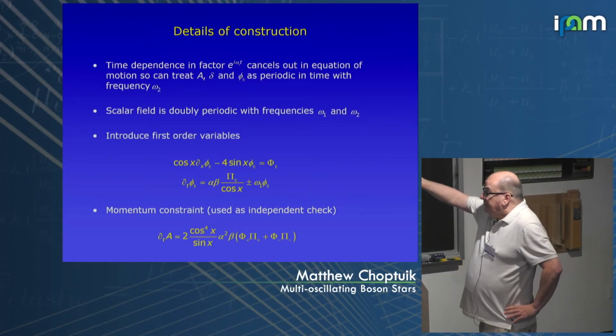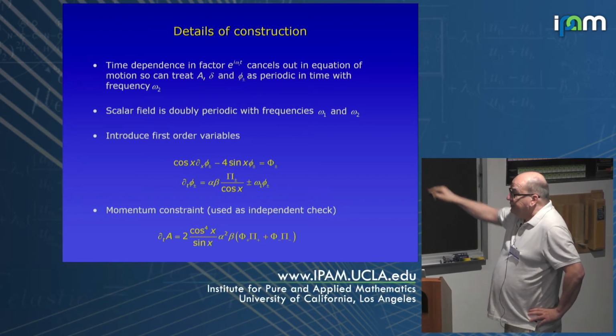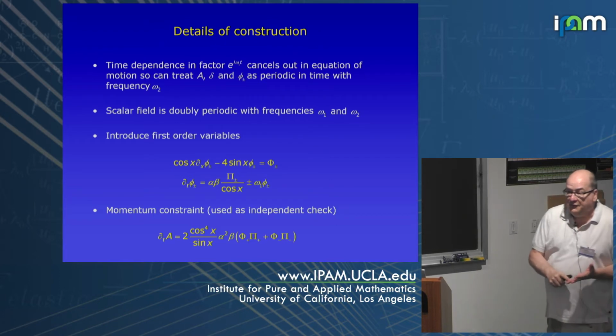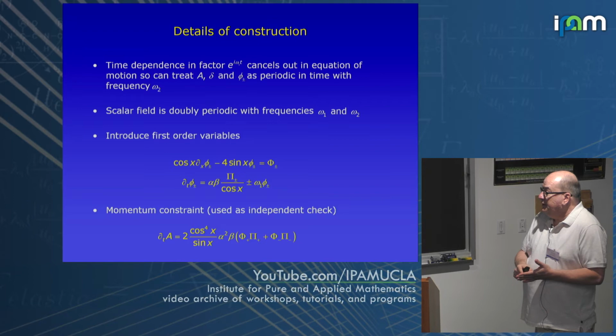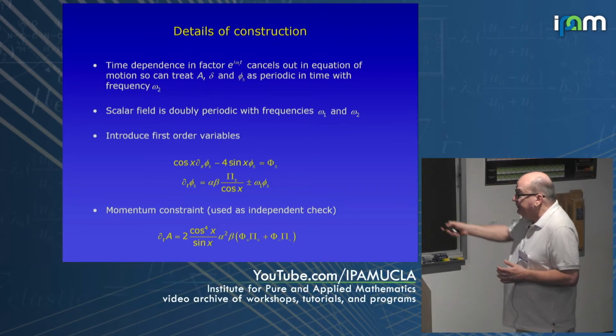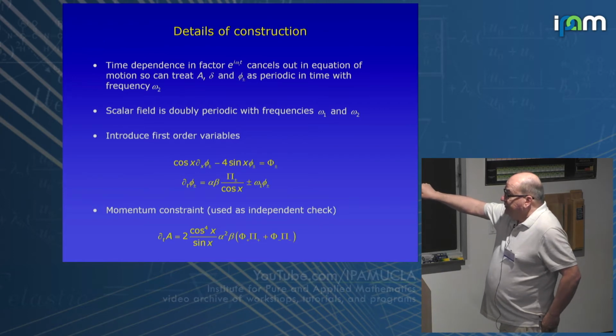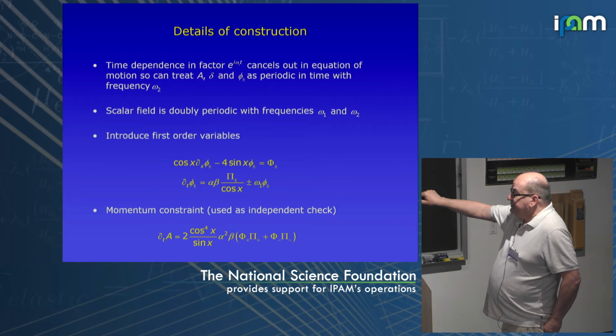Turns out that the time dependence in the factor e to the i omega t cancels out in the equation of motion, so we can treat all of the remaining functions as being periodic in time with a single frequency omega 2. The scalar field remains doubly periodic with the frequencies omega 1 and omega 2. We introduced first order variables as given here. The momentum constraint is used as an independent check, so there it is.